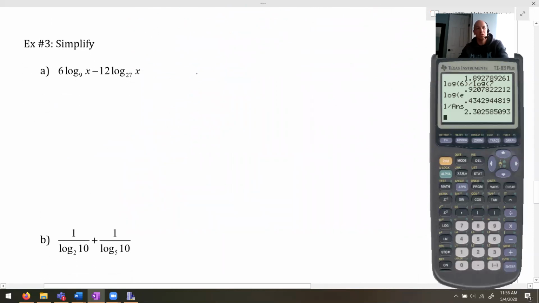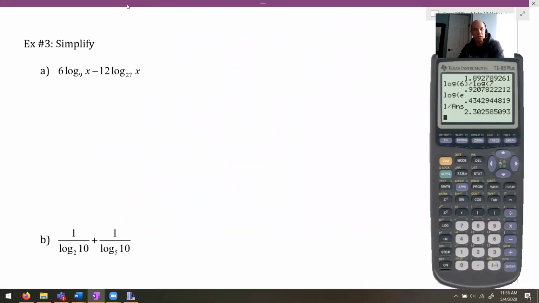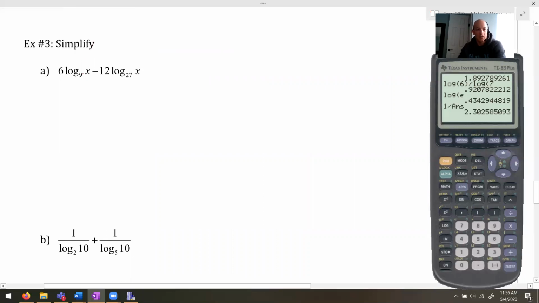Okay, jumping back to a more algebraic equation here. We can now simplify an expression with x's and all that. So this one, let's see, what would we first do? Now it's been a while since I've looked at this, so this is going to be fun as I awkwardly try and figure out how to evaluate this. So what I see is I've got 6 log base 9 of x minus 12 log base 27 of x.